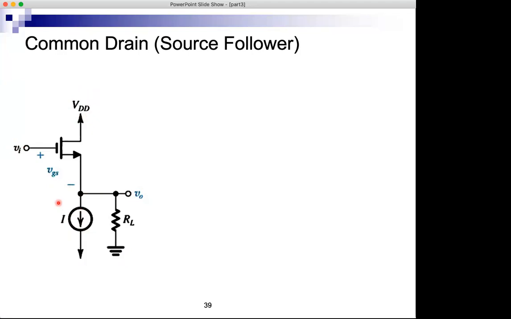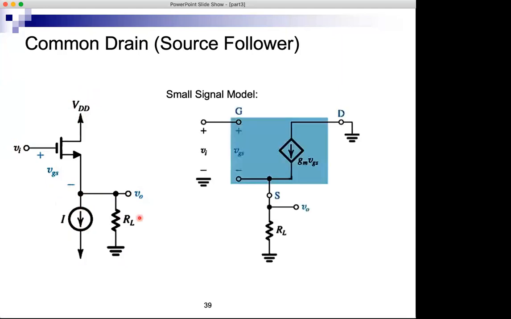So let's look at the small signal model. In this case, again, let's assume for now that there is no channel length modulation, so there's no small RO. This is the input from the gate to ground. This is the MOSFET, and the drain is signal ground from here.